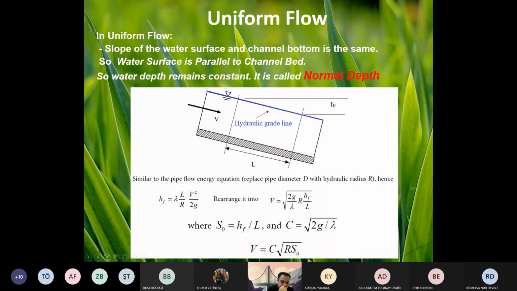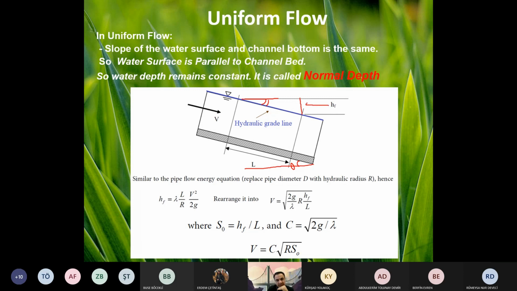Let's check, maybe by writing it could be better explained. We said our theta is always this, the angle of the bed. But in uniform flow, we know that theta equals this theta. So this is hf.